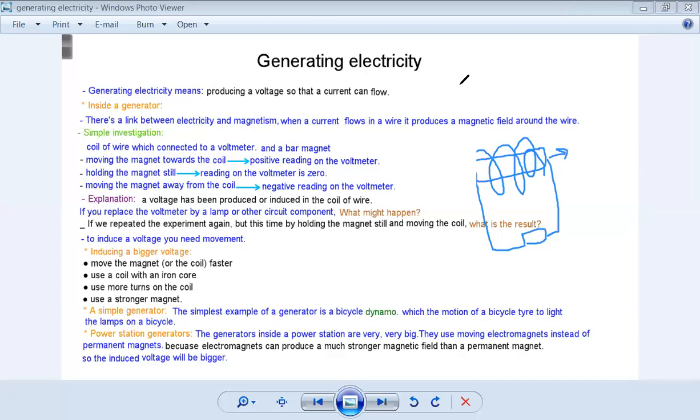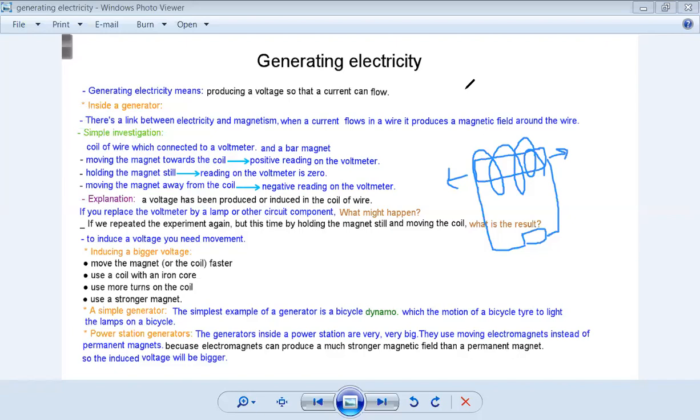Why? Because to be able to produce or induce a voltage, you need a movement, okay? So if you move the wire, if you move the coil, or if you moved the magnet, in both cases, you are moving.